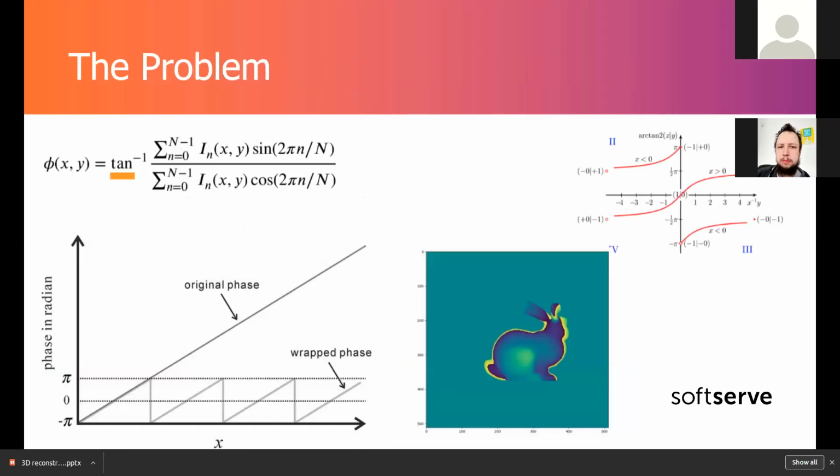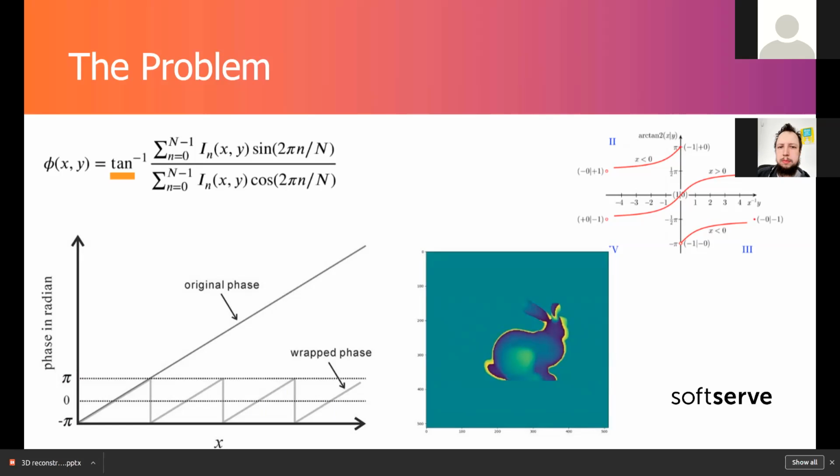But the problem is that the arctan function is defined from minus pi to pi, but the actual original phase could be a multiple of pi. So we have what is called wrapped phase, and this problem could be resolved by some algorithm in order to restore the original signal.